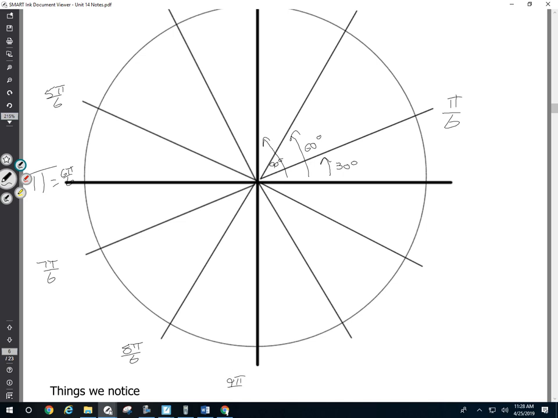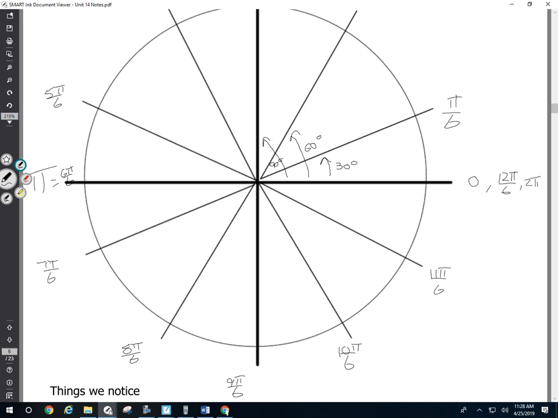Oh, does that simplify to 3 pi over 2? Okay, we know that. Good. 10 pi over 6. 11 pi over 6. 12 pi over 6. Remember, this is 0, but I'm also saying this is 12 pi over 6. Does that simplify? That simplifies to be 2 pi.